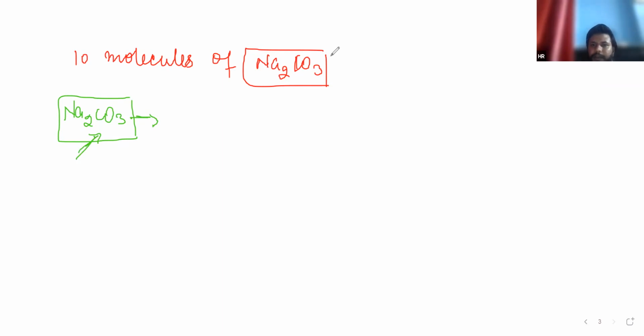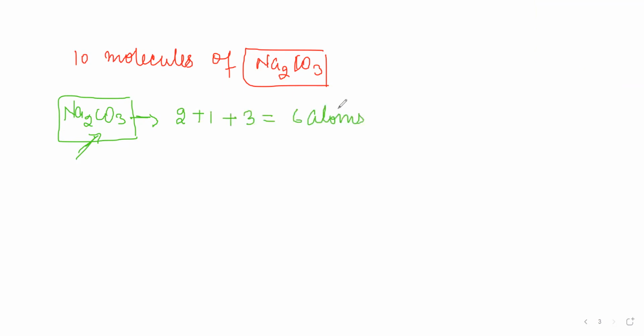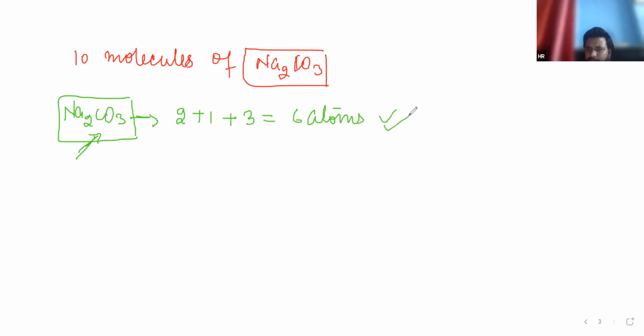Six. Yes, 6. Because there are two atoms of sodium, 1 atom of carbon and 3 atoms of oxygen, which is equal to 6 atoms. That means in one molecule of Na2CO3, 6 atoms are present.